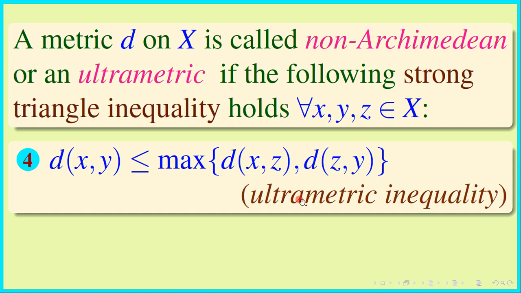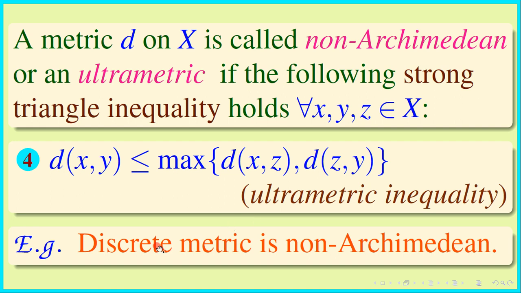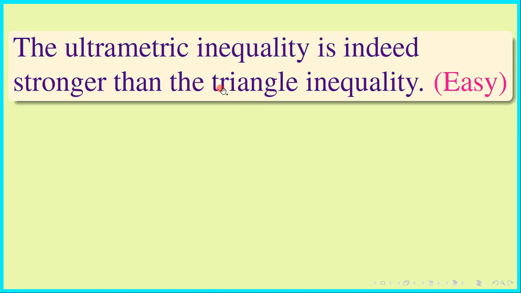This is called the ultrametric inequality or strong triangle inequality. For example, the discrete metric is non-Archimedean. The ultrametric inequality is indeed stronger than the triangle inequality. That's an easy exercise.